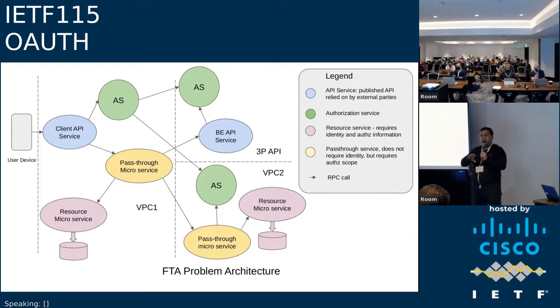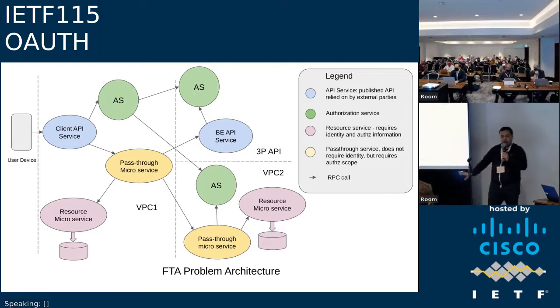Or you could be calling a third-party API that belongs to a different organization, but the data in there is of your own organization. So you want to make sure that none of these call chains can result in a privilege escalation or a user impersonation within that sequence of events.